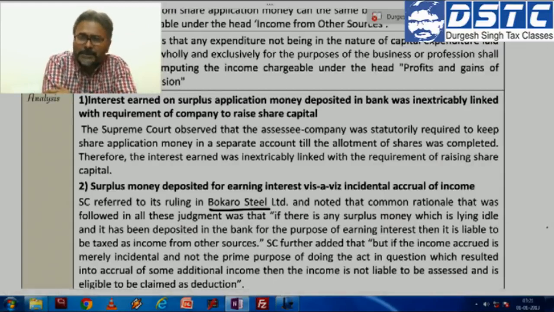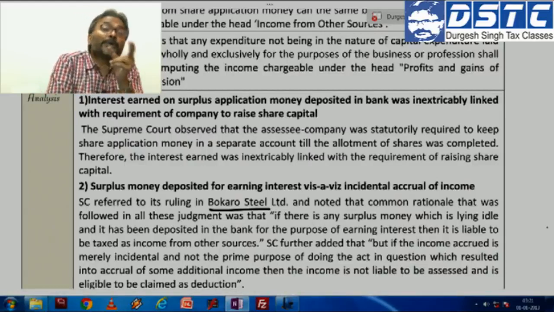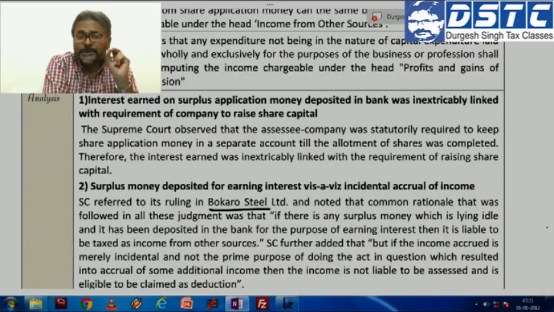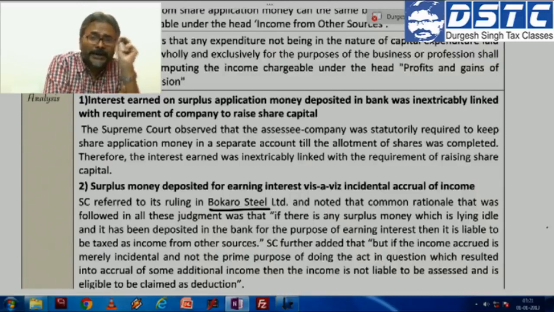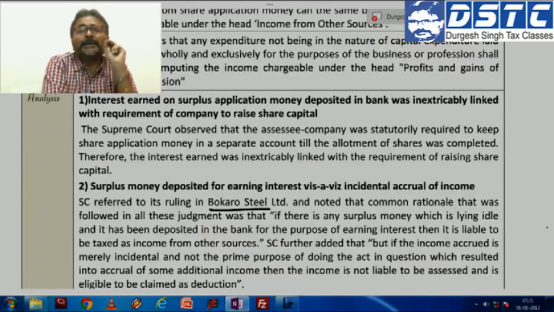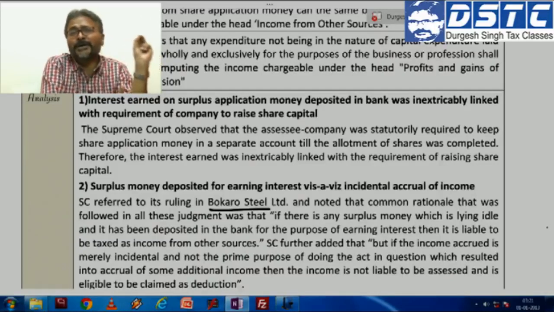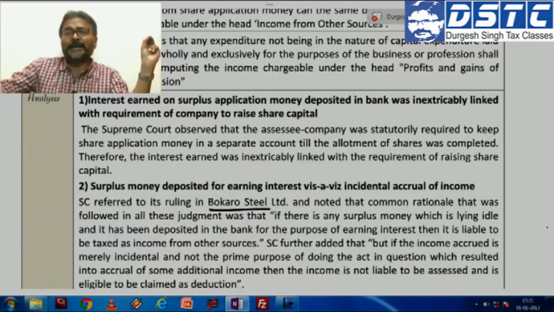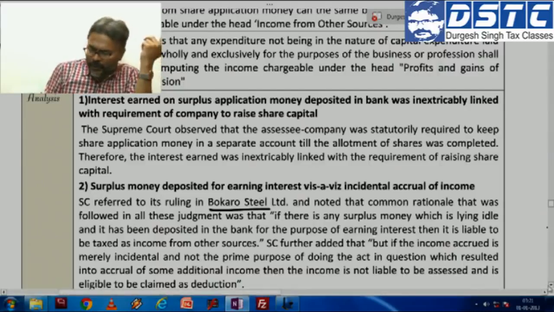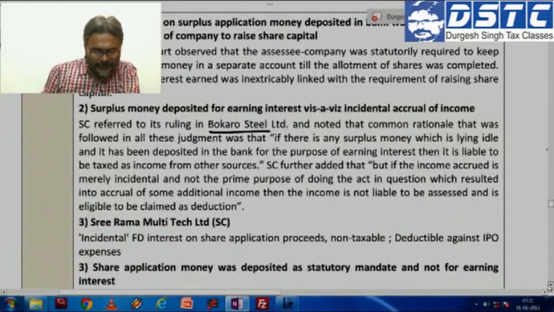So similarly here also, in the issue of shares, if an income arose which was linked with the process of raising the share capital, then that interest income will be adjusted against the share issue expenditure and will not be taxed separately. So very important observation coming from this one.